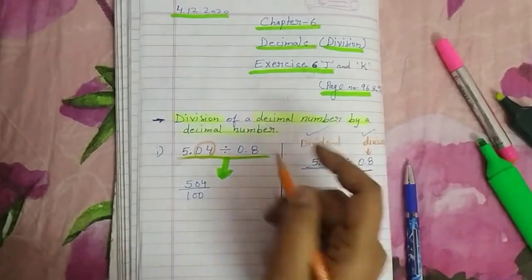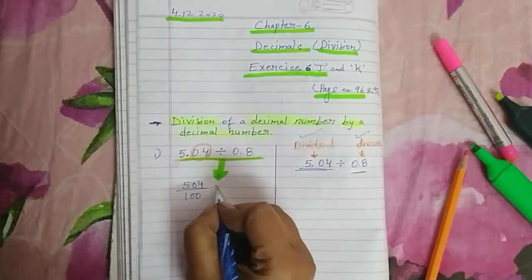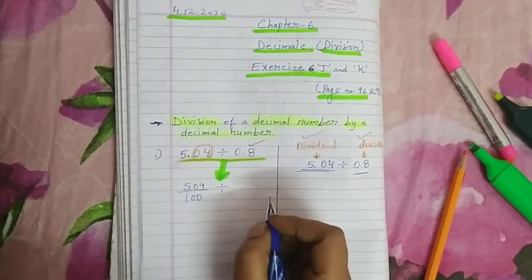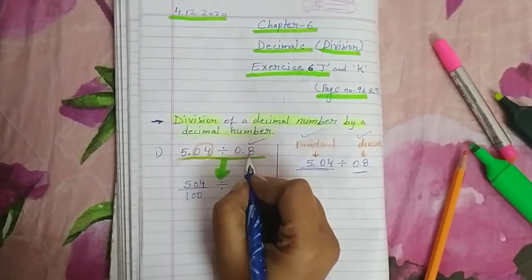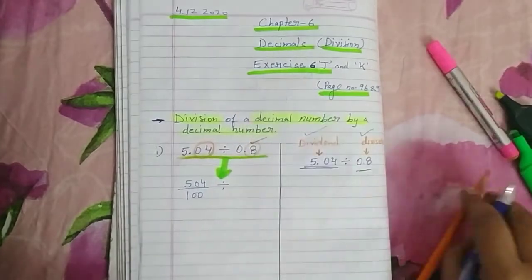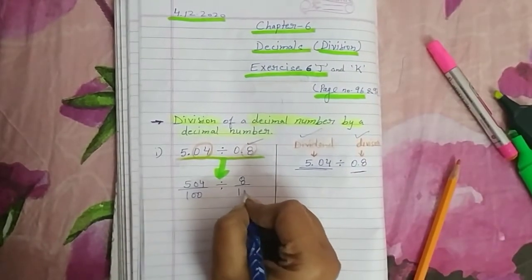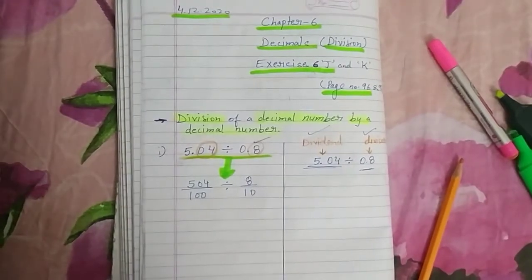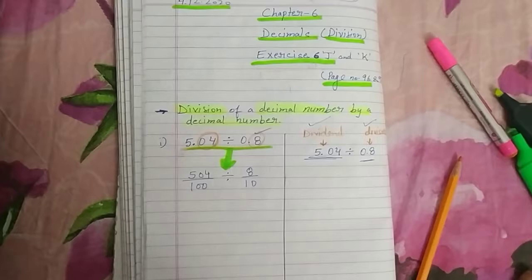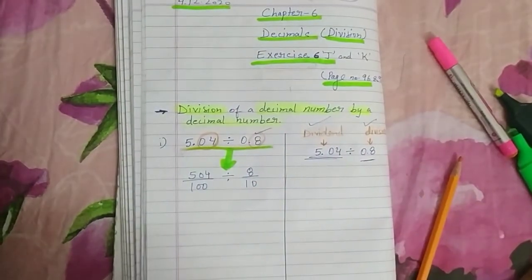Now put the division sign as it is, and change this divisor into fraction. After decimal, how many digits are there? 1 digit. That means 1 zero. So it will be 8 upon 10. Is this clear? Now, children, we have to simply divide the way we have done in chapter fraction.